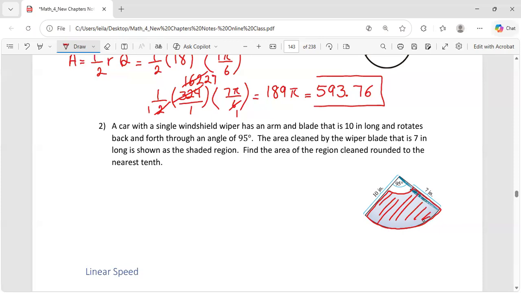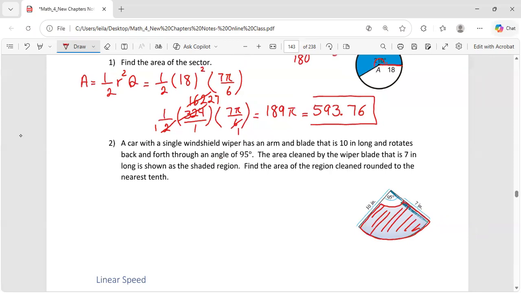But the formula that we have for finding the area of a sector is for the whole sector. So if I use 10 inches as the radius, it gives me the area of the whole part.